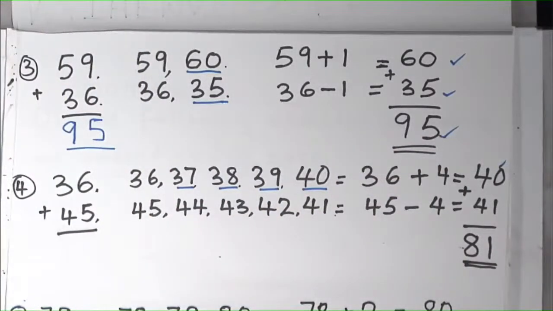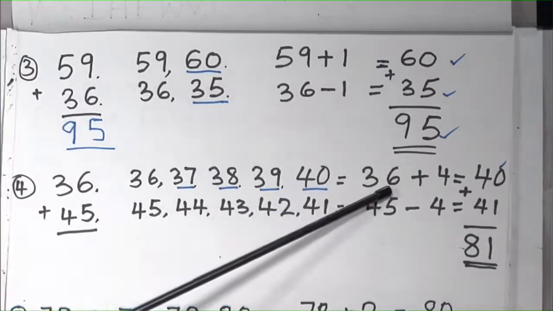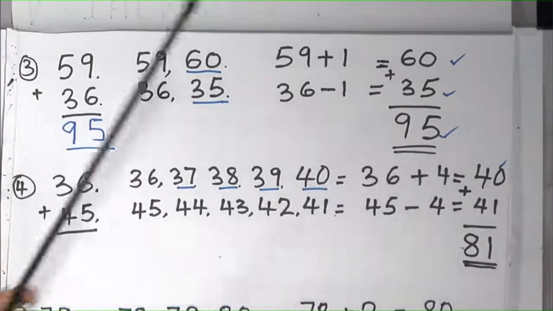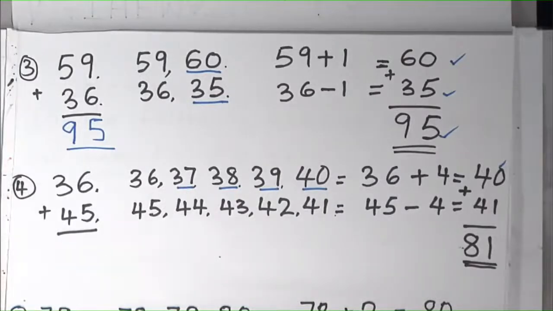Now let's come to 45. Because we added 4 to 36 to get the number which ends in 0, we subtract 4 from 45.